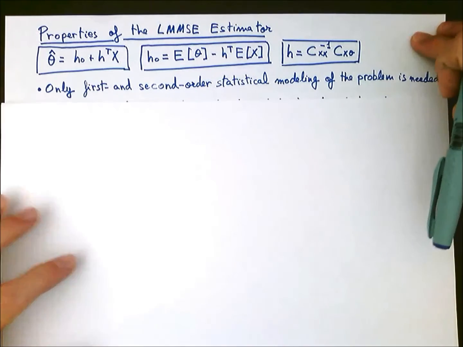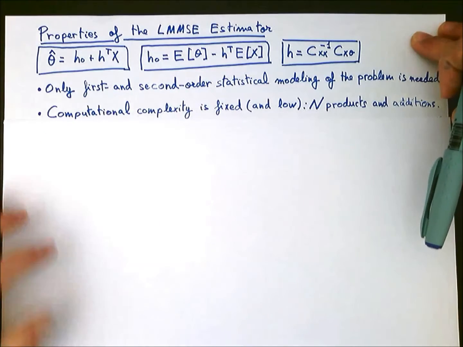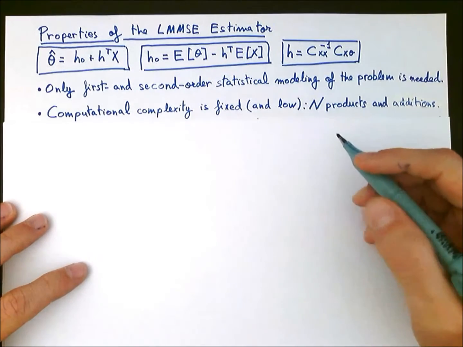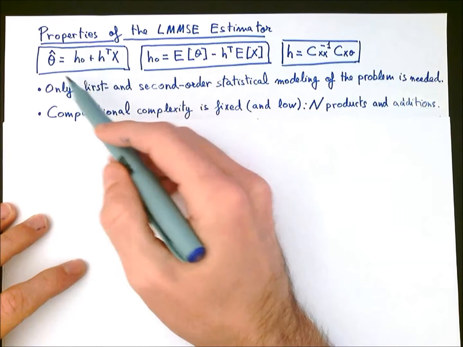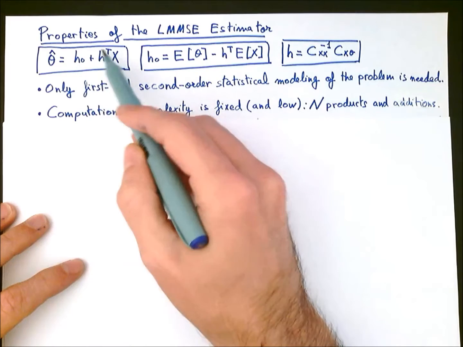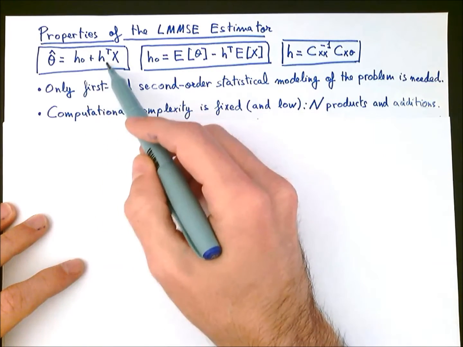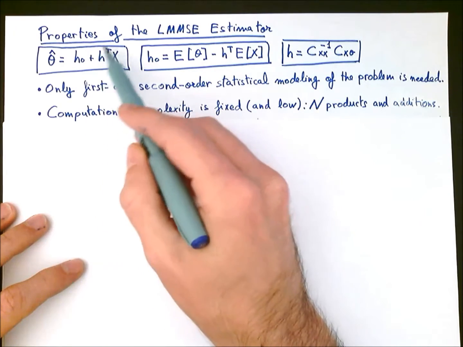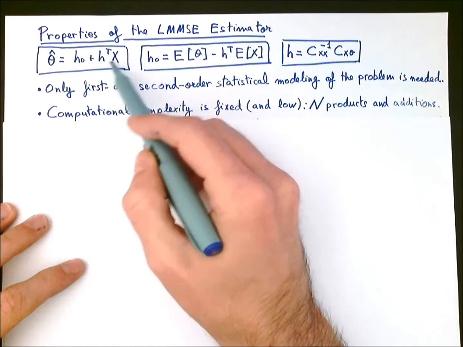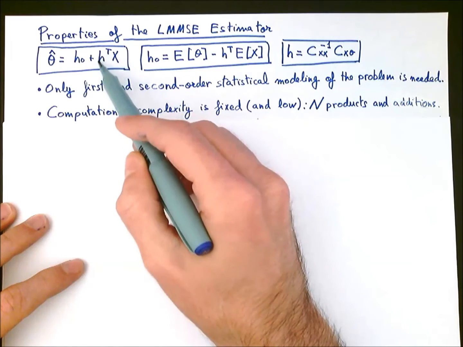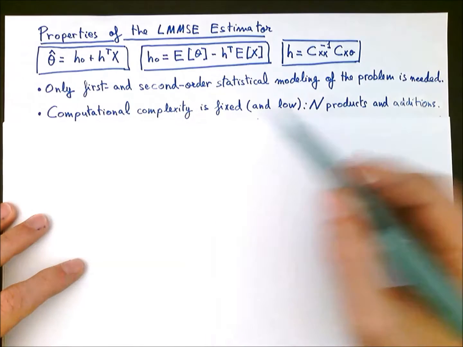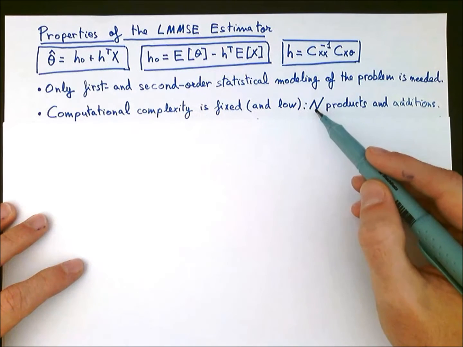A second interesting property is the fact that the computational complexity of the estimator is fixed and actually quite low. As we can see, since the estimator has an affine form, once the coefficients H0 and H have been calculated, for any new realization of the data, we only need to take n products and additions that will happen in the second term here when we multiply the vector of coefficients H, which has size n, times the vector of data, which also has size n.